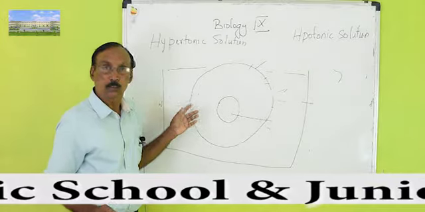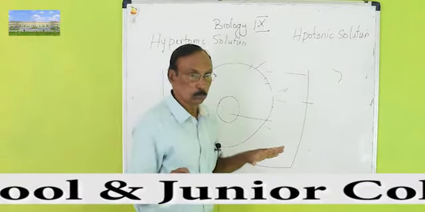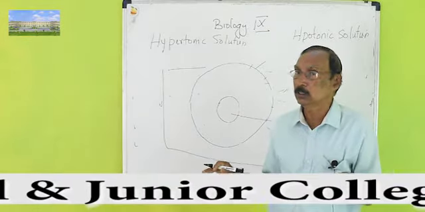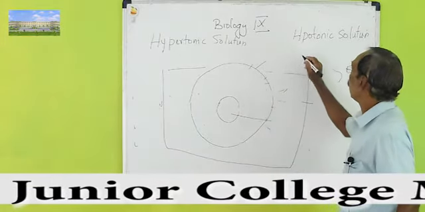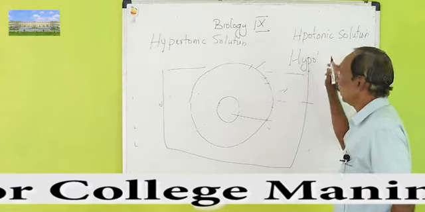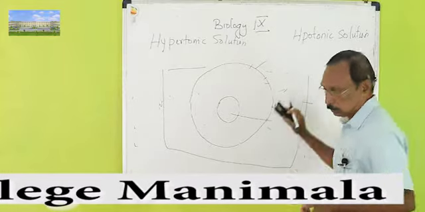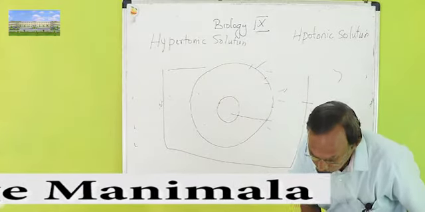So no water will get inside or go out. When the concentration of water inside and outside is the same, it is called isotonic solution. Hypotonic we already finished. This one is called isotonic solution.